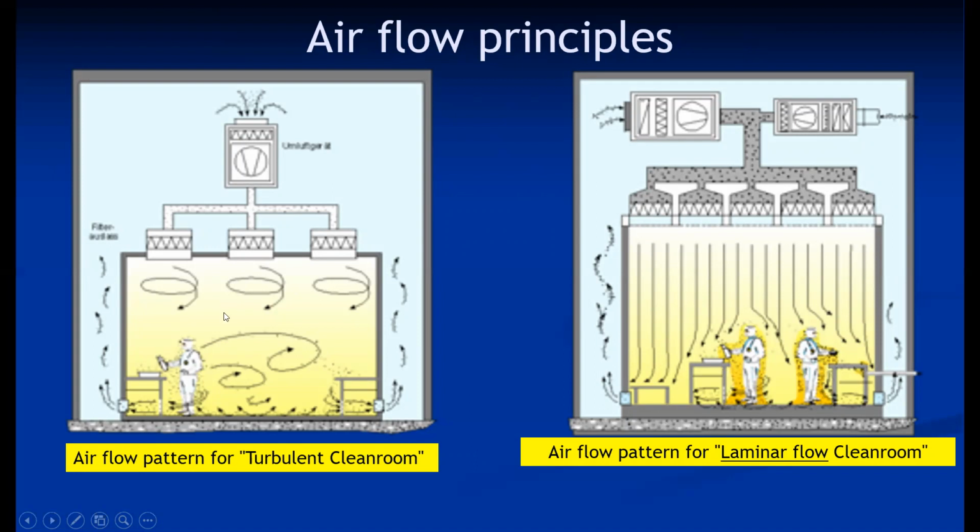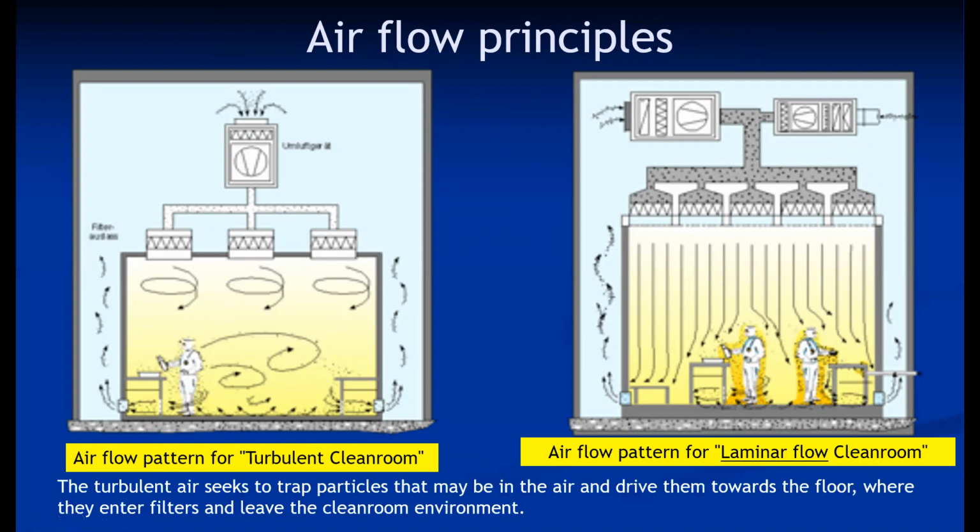As far as turbulent flow is concerned, this turbulent air seeks to trap particles that may be in the air and drag them towards the floor, where they enter filters and leave the clean room environment. So to trap the particles, turbulent flow is maintained in the clean room.